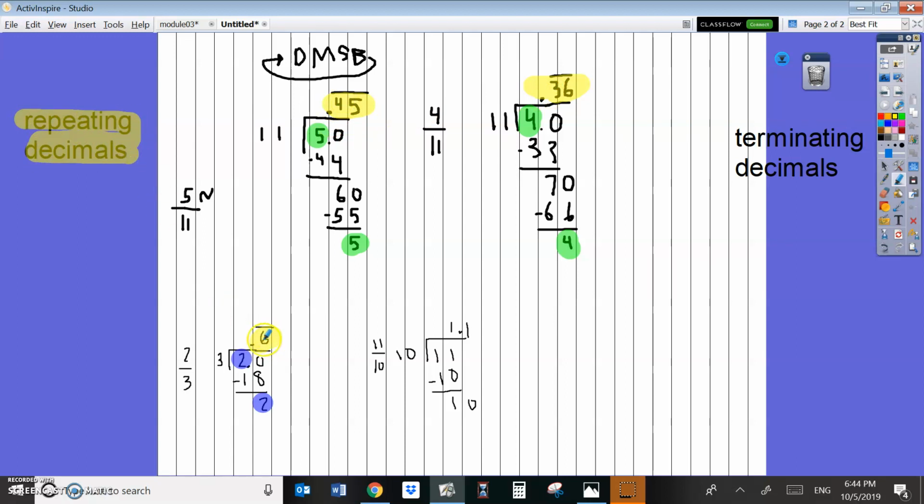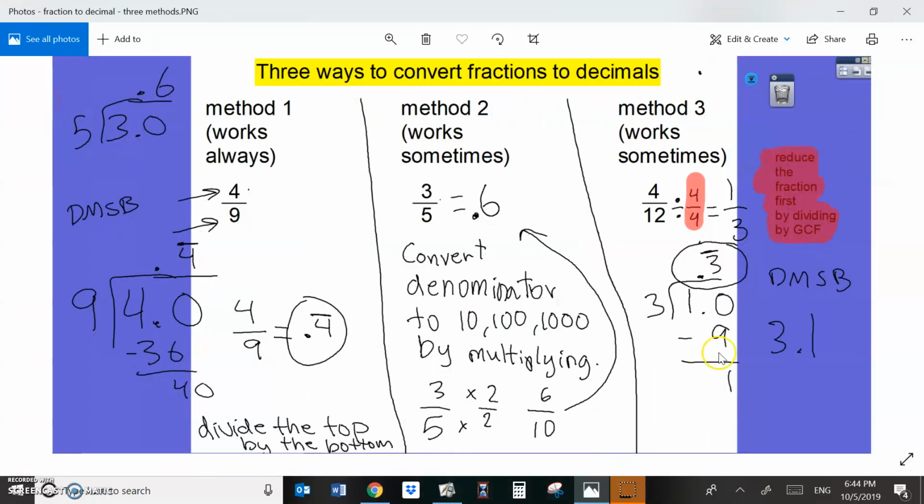Here's another repeating, and okay, and then over here we have terminating. Okay, look at this screen also. 1/3 is a repeating decimal. 6/10 is terminating, and then 4/9 is repeating.